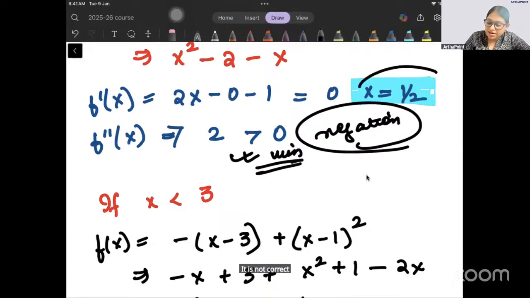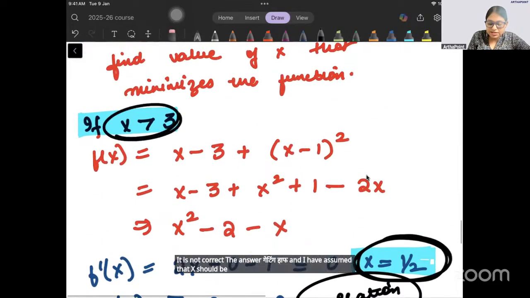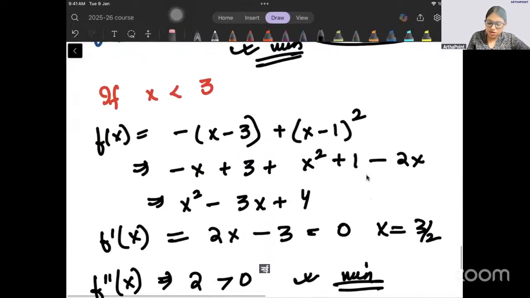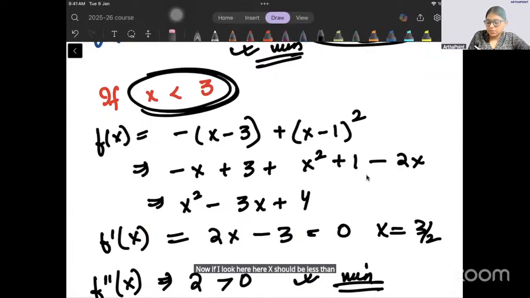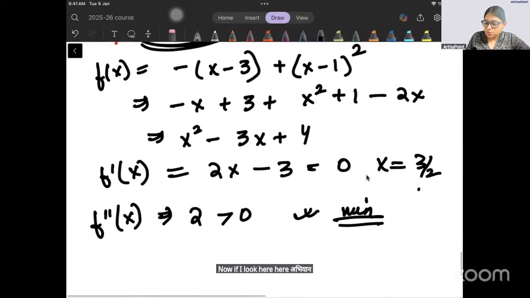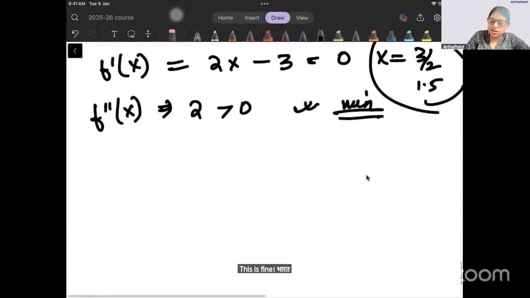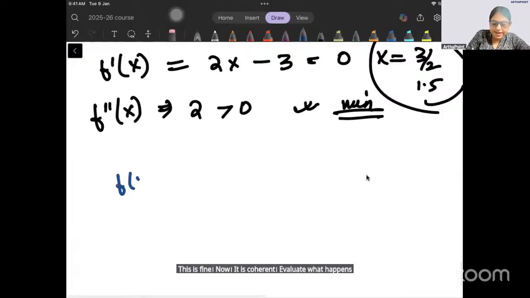The answer I am getting is half, and I have assumed that x should be greater than 3. So this is wrong. Now if I look here, x should be less than 3, and I am getting x as 1.5. This is fine.